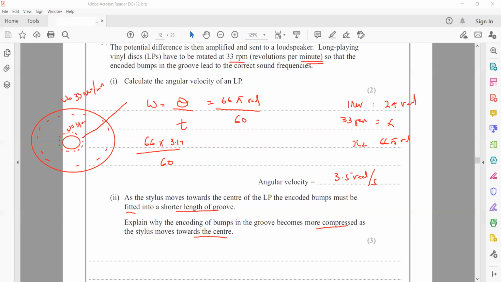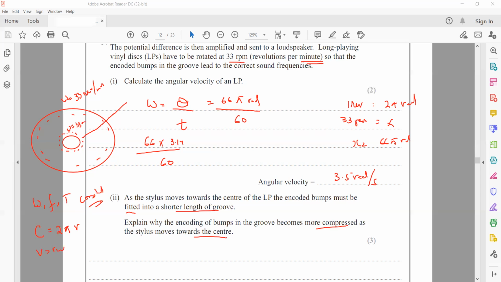So when we have this formula, otherwise the frequency would completely change, and so would the sound produced. So omega, the frequency or the time period must remain constant, should not change. So this is a shorter length, as you can see. We have the formula for circumference, C is equal to 2 pi r, and we know v is equal to r omega.